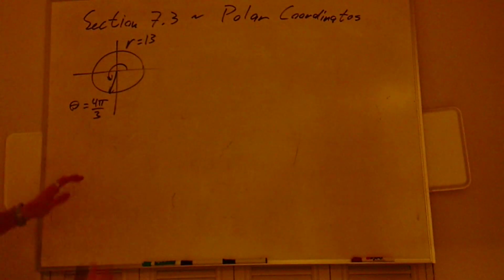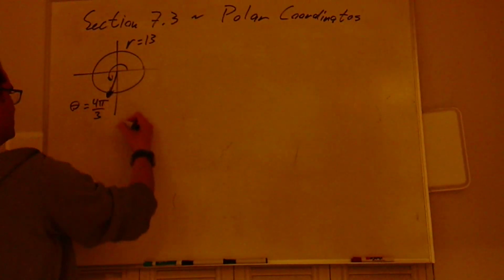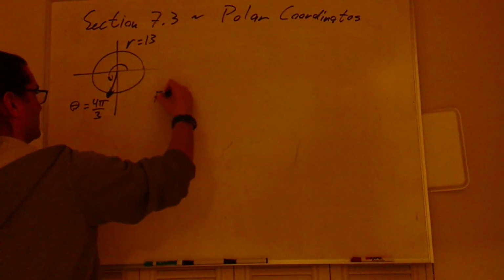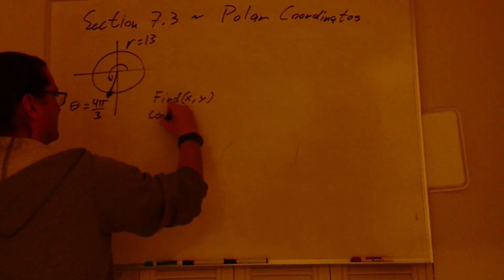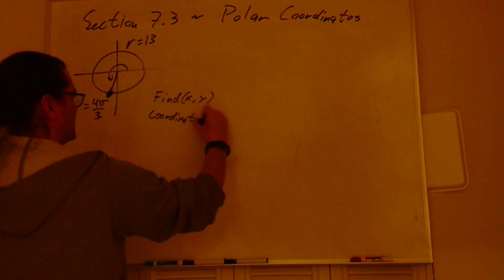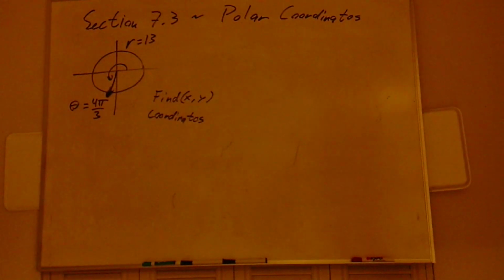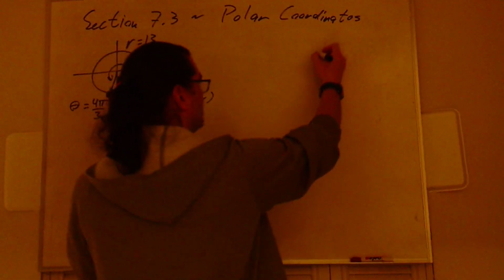The process for finding the xy coordinates of this point, which is what I want, is going to be almost exactly the same. First, I'm going to look at the unit circle.